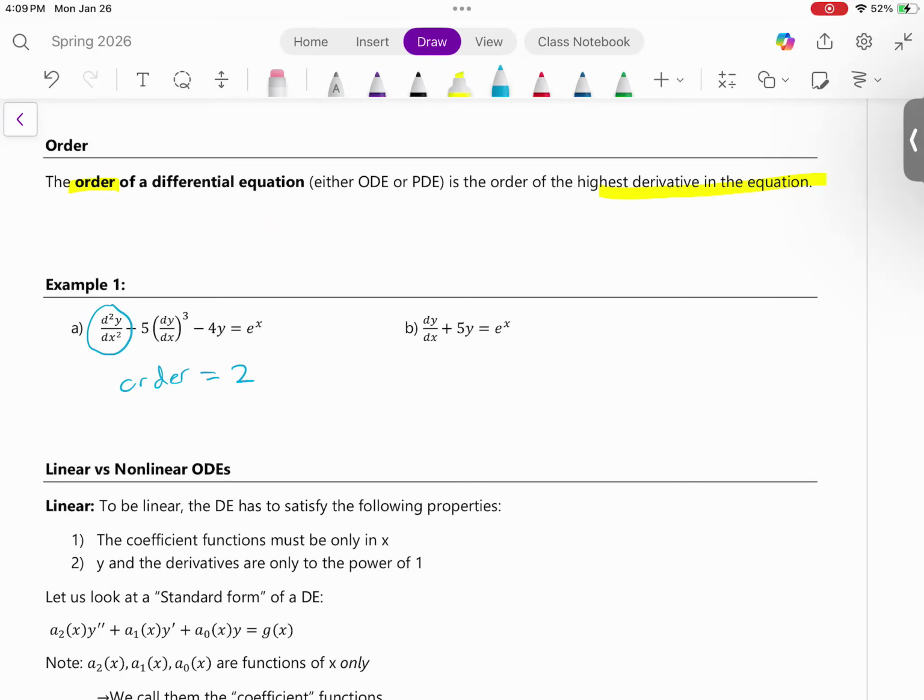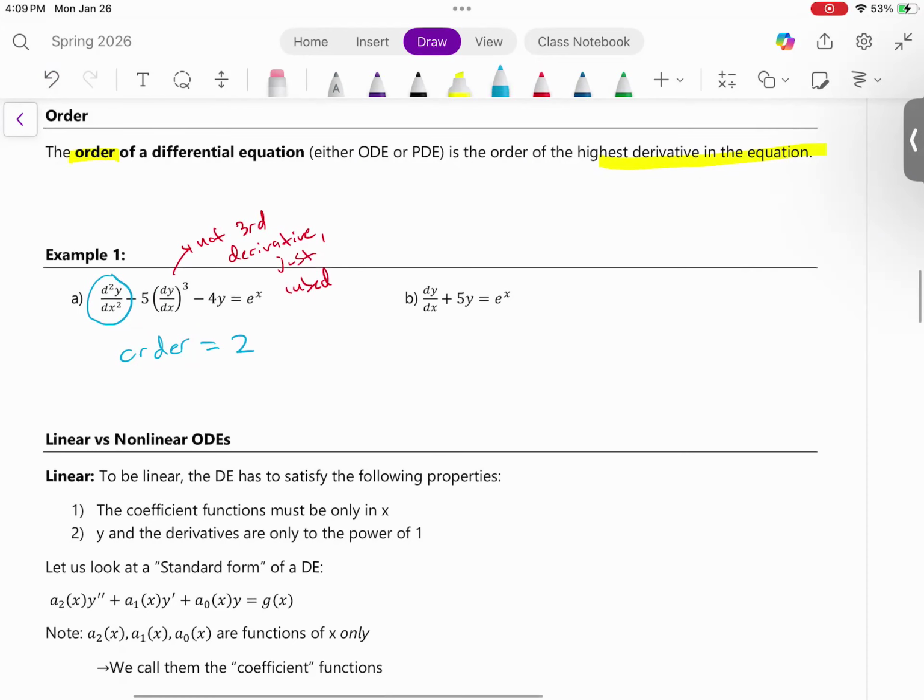Don't be confused by this dy over dx cubed. That's not the third derivative. That's just saying the derivative is cubed. So be careful with that. So here I'll say not third derivative, just cubed. Okay, so that's example A.